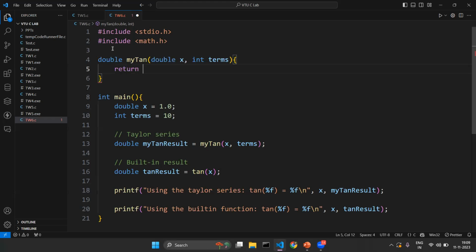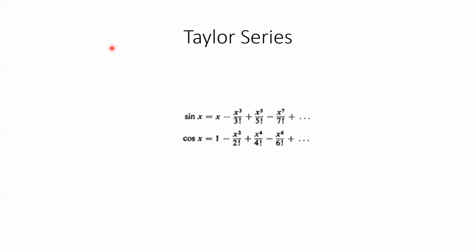I will return the sine by cos result, my sine of x comma terms, because here you can see I know how to calculate for sin x and I know how to calculate for cos x. So I will separately calculate the result for sin x and separately for cos x.